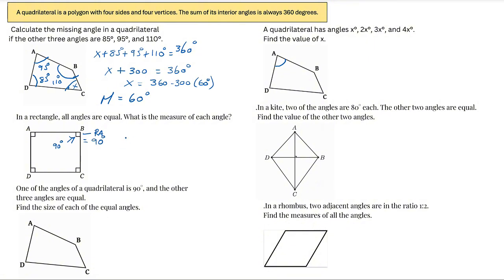So do the same thing. This time, there's no missing angle. So what we're going to do is add 90 plus 90 plus 90 plus 90 equals 360. So this is a kind of proof question. You'll come across the word proof in lessons. All that's doing is for you to prove that, for example, this interior equals 360.